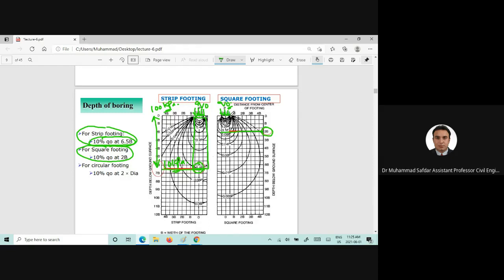So the information and the soil properties of this particular depth is important, at least this depth is of interest for geotechnical engineers. Now for a circular footing, 10% of the Q naught will occur at 2 times the diameter of that circular foundation.